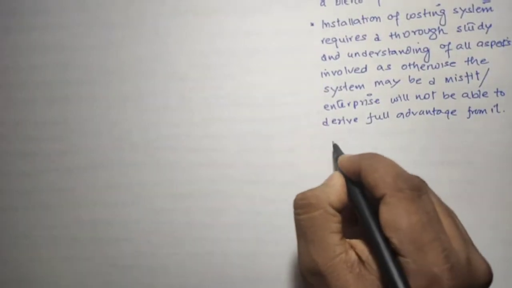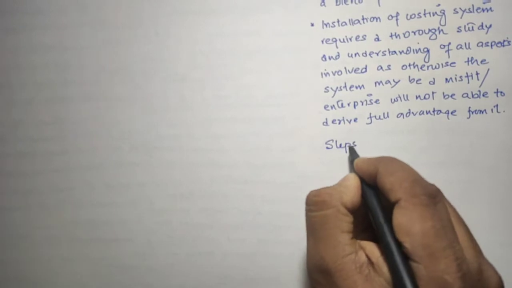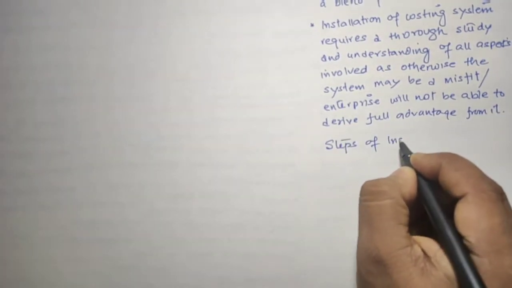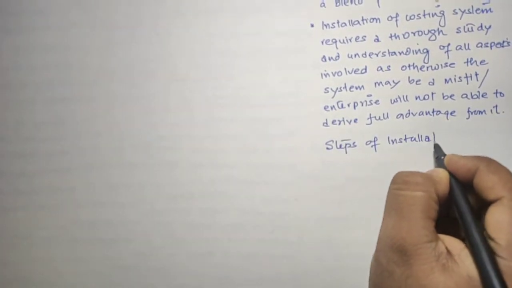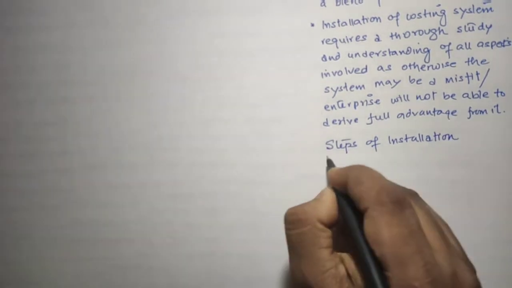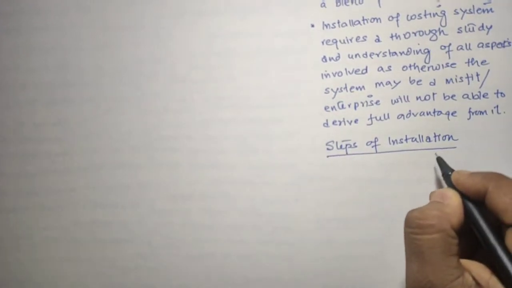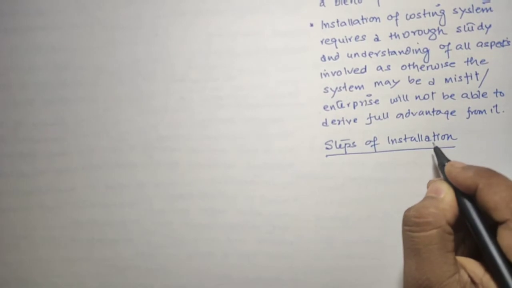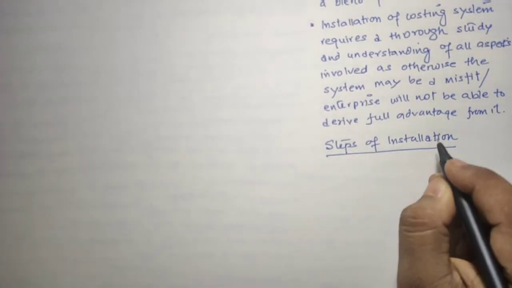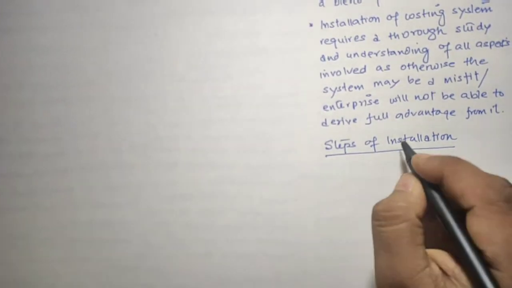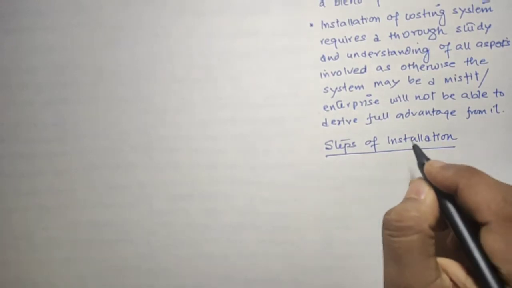Next is steps of installation. Before explaining steps of installation, the management should understand the benefit from the system. That must, because they are spending a huge amount on it.